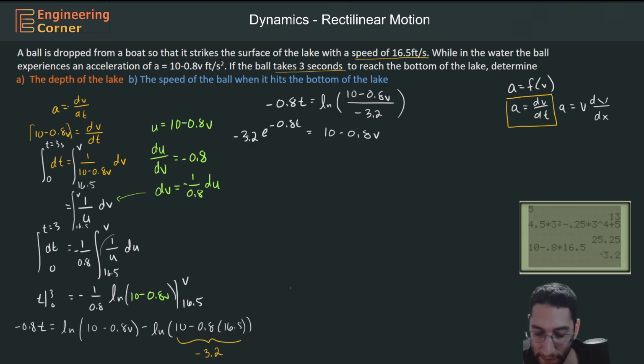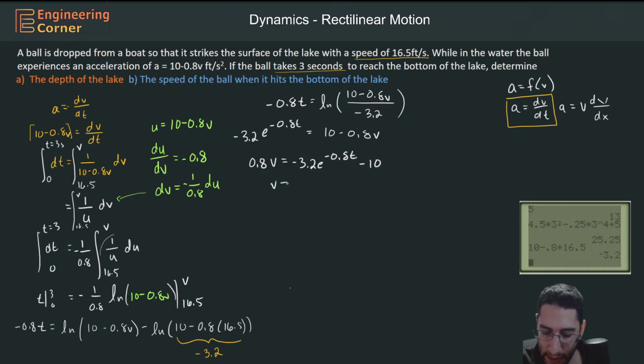And right, we're trying to figure out what our velocity is. So we just need to solve this for v. And to solve this for v, we're going to have to subtract over the 10. So v is going to be minus 3.2 e to the minus 0.8t minus 10.